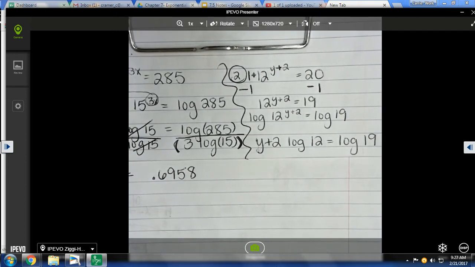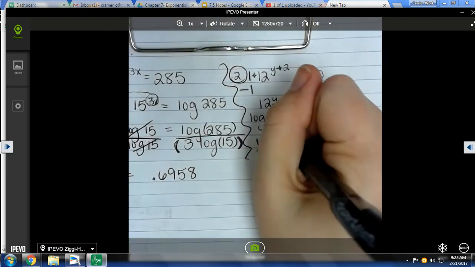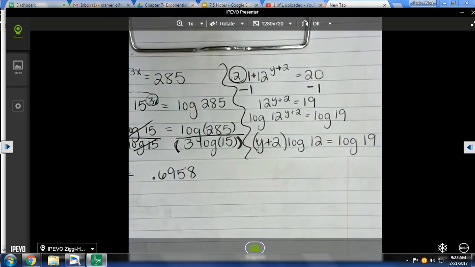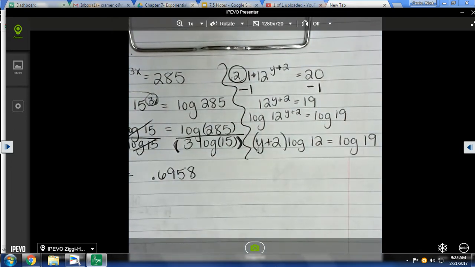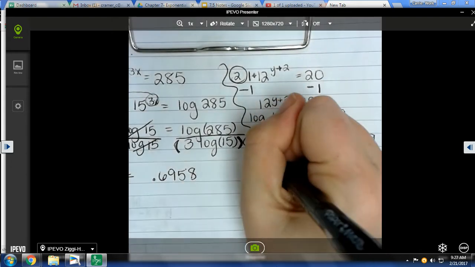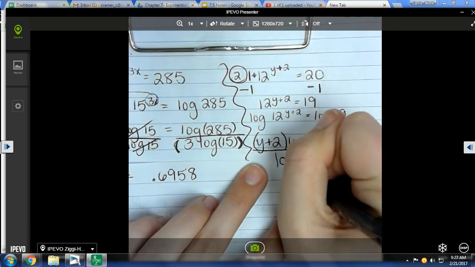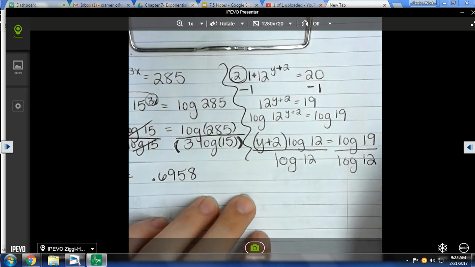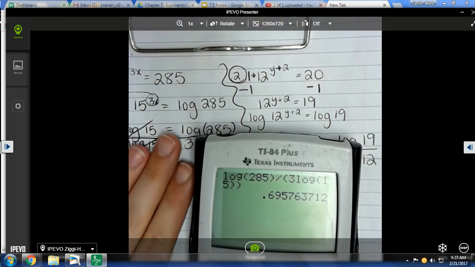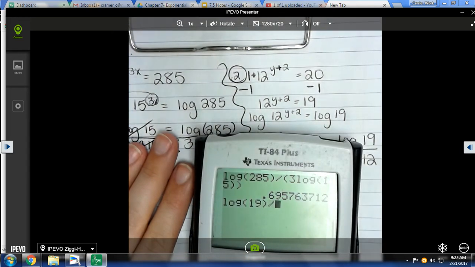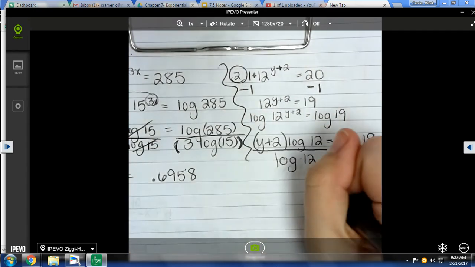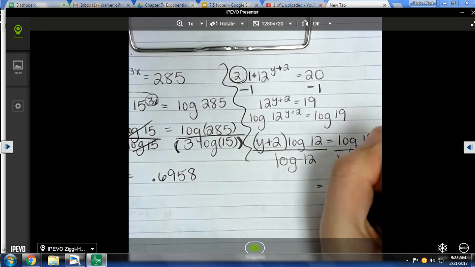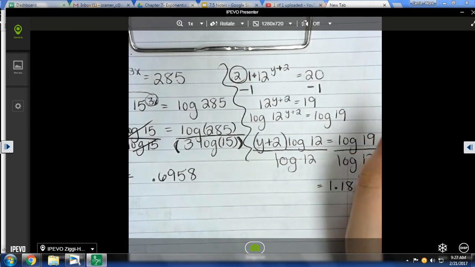And now we need to get y by itself. So this is the quantity y plus 2 times this entire thing. So what we need to do is divide by log of 12. And so we would type that in our calculator, log of 19, close the parenthesis, divided by log of 12, and we get 1.1849.